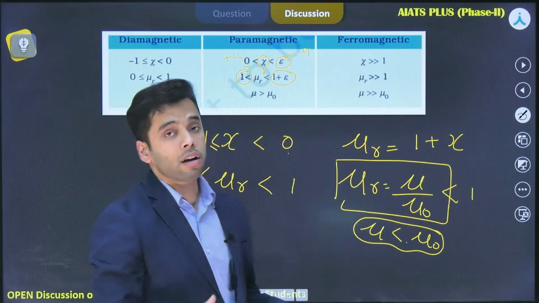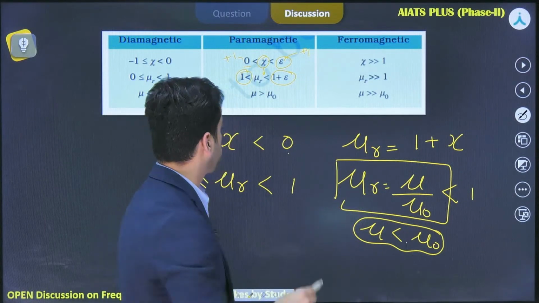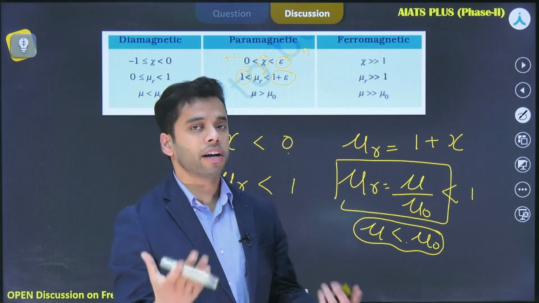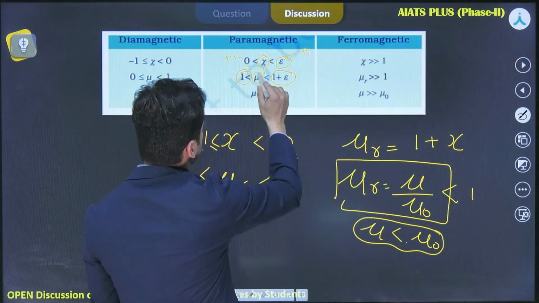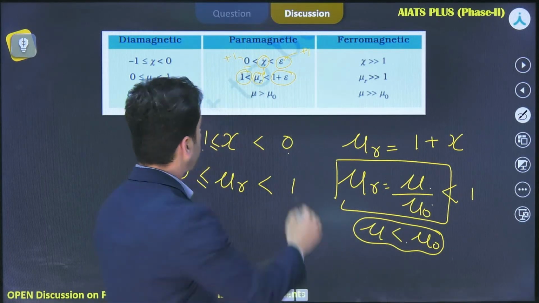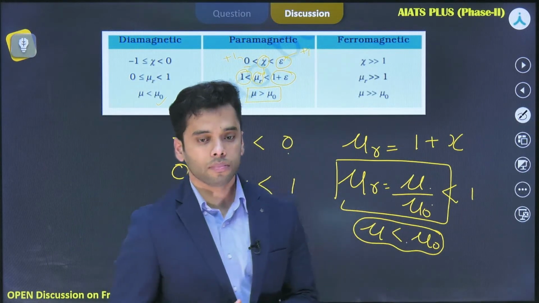That means the relative permeability for paramagnetic materials is between 1 and 1 plus E. So obviously it is greater than 1. And this mu r is again a ratio of mu by mu naught. So if mu r is greater than 1, it means that mu would be greater than mu naught, right?